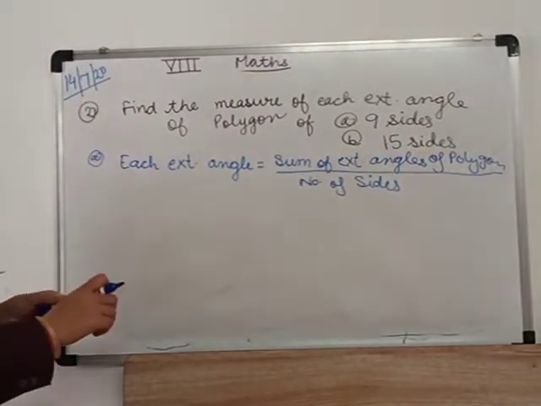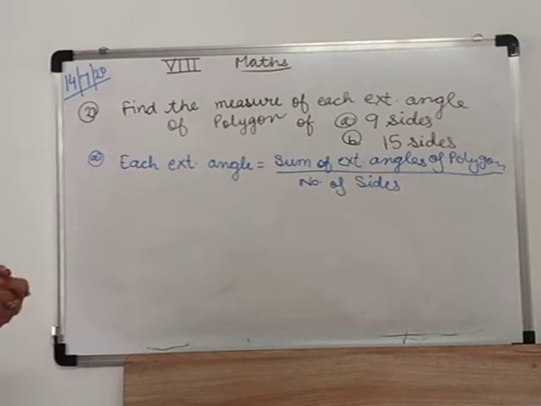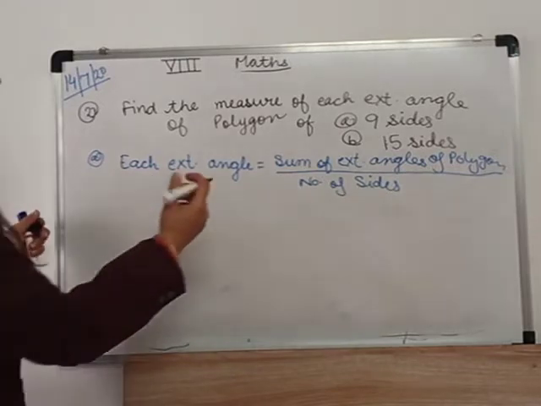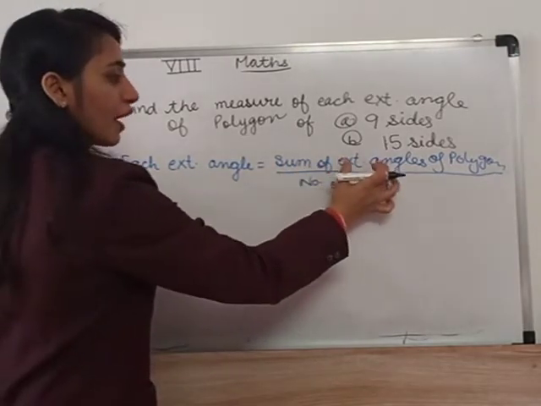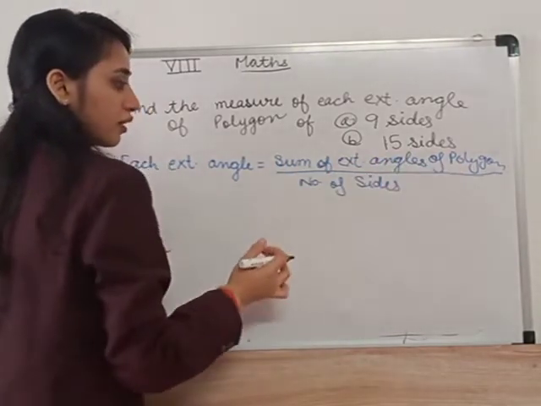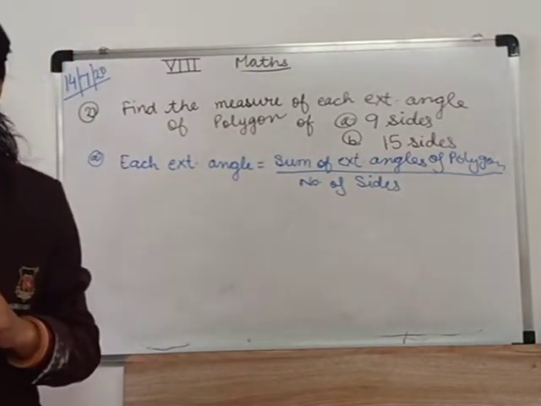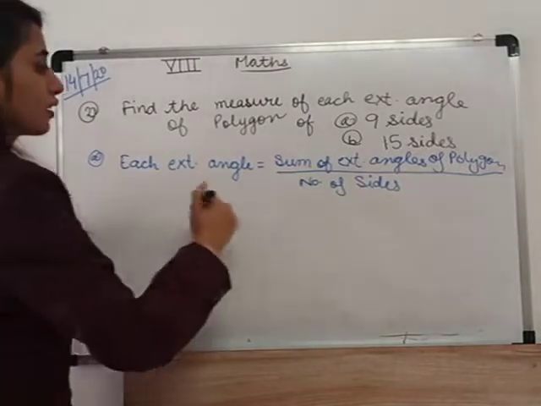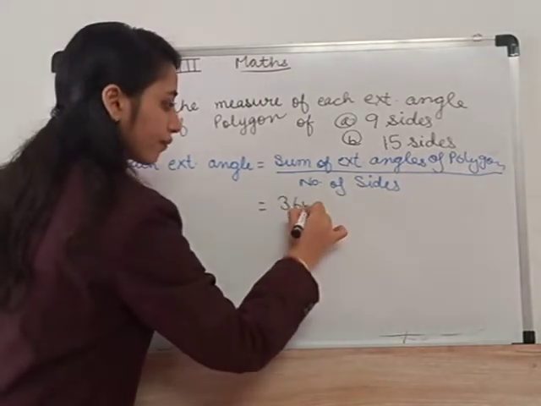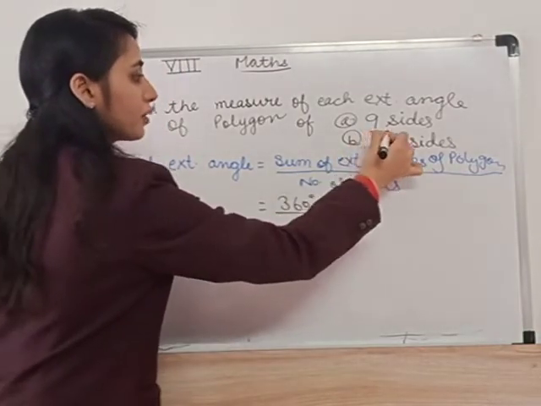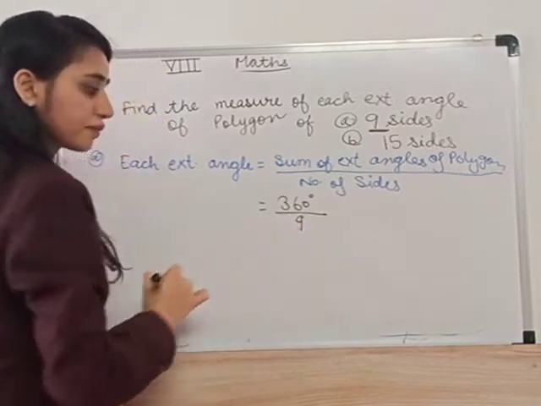By using this formula, each exterior angle is equal to the sum of exterior angles of the polygon. We know the sum of all the exterior angles of any polygon is 360 degrees. And how many sides are given? 9.